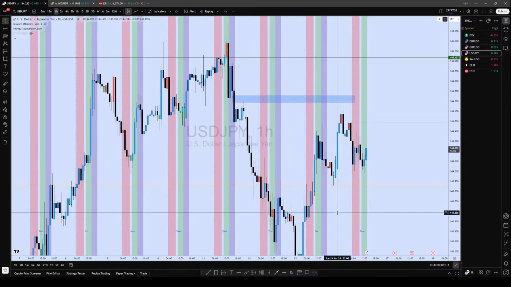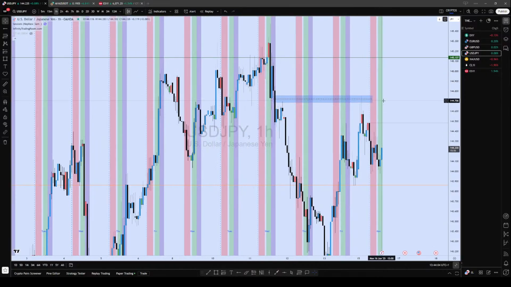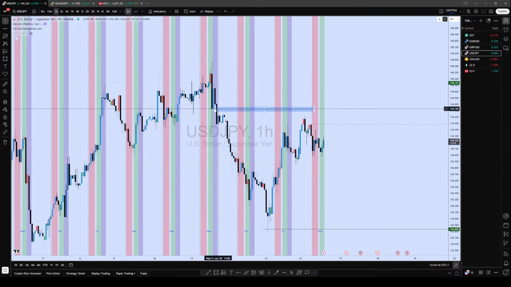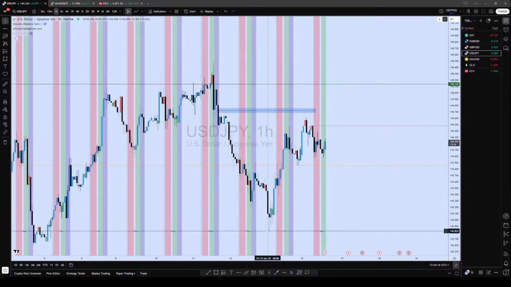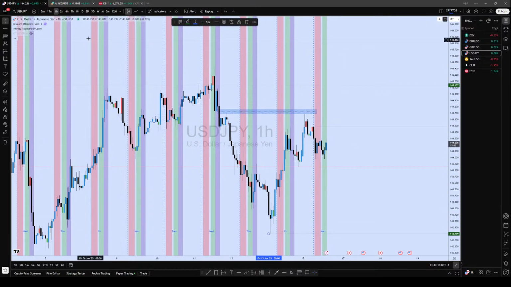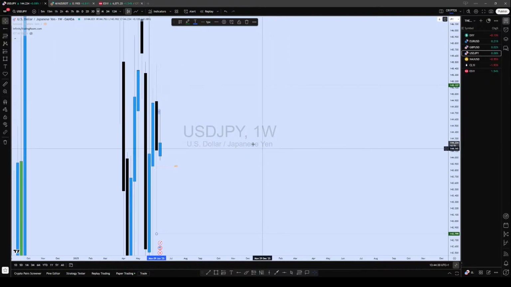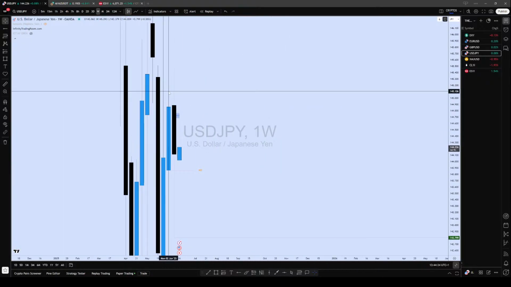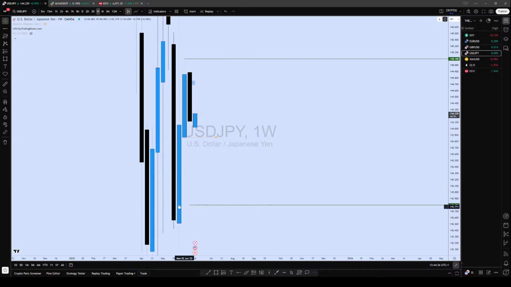The dollar yen, that's exactly where I wanted them to trade back to over the week as a pullback level, and then we start going down. So like I mentioned last week, we had a previous week raid. So with that previous week raid, we will be coming for this low.